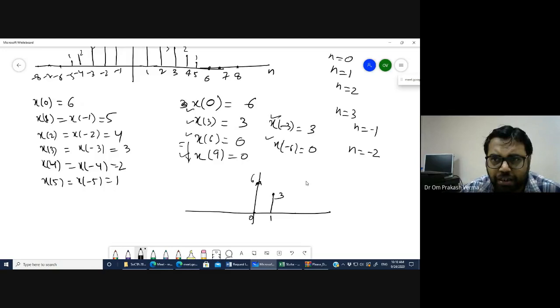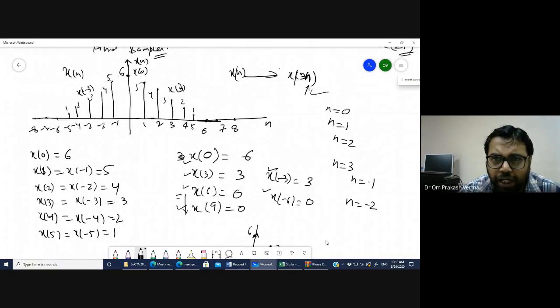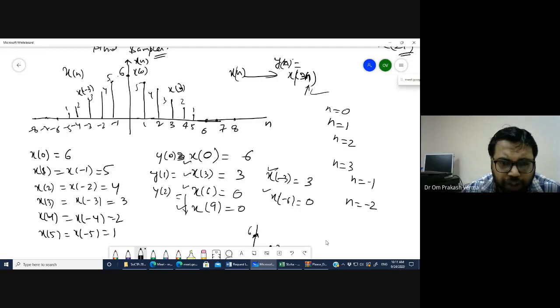Let's say we are representing this as y of n equals f of 3n. So it becomes y0, y1, y2 and y3. In a similar way, this is y-1, this is y-2.